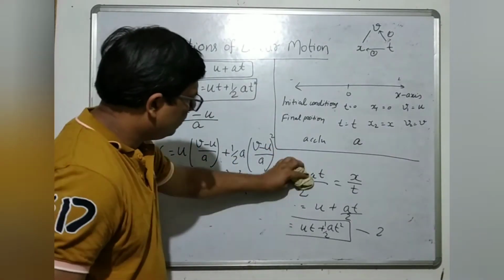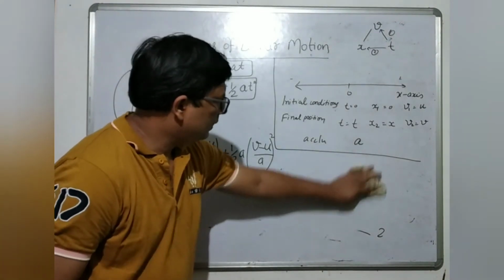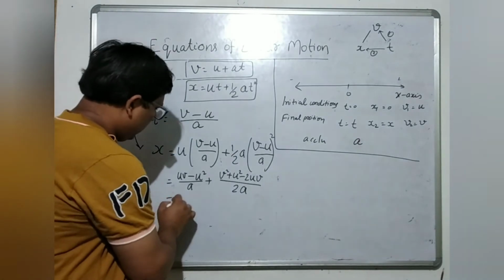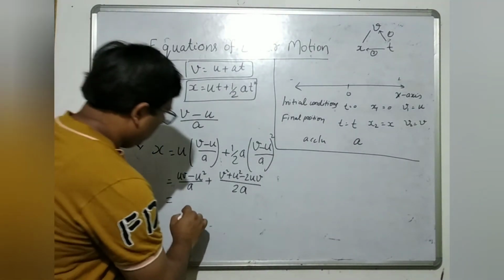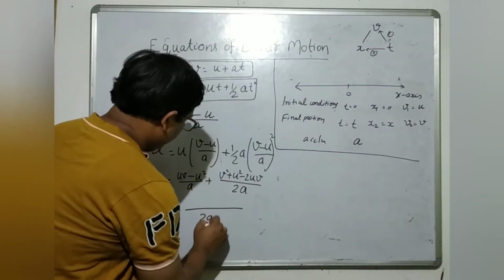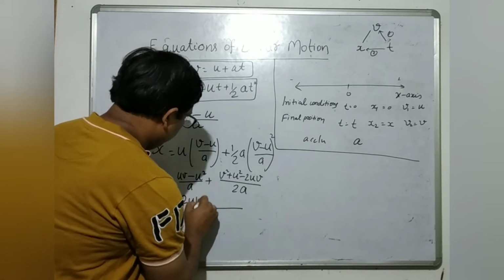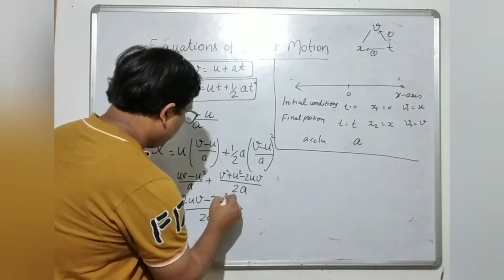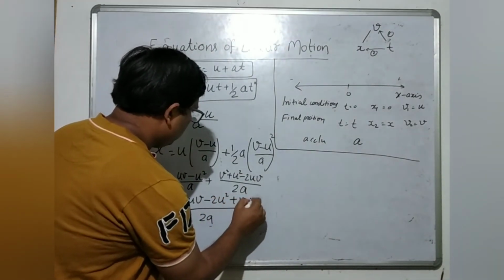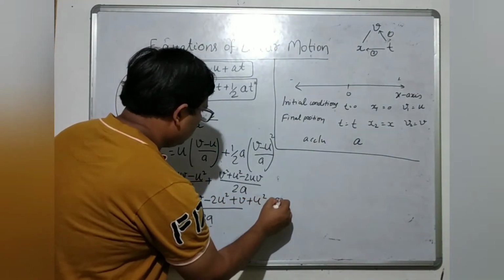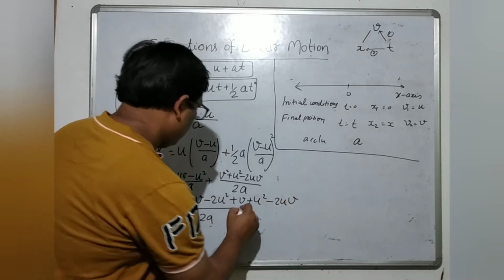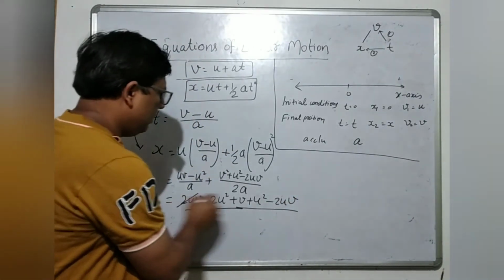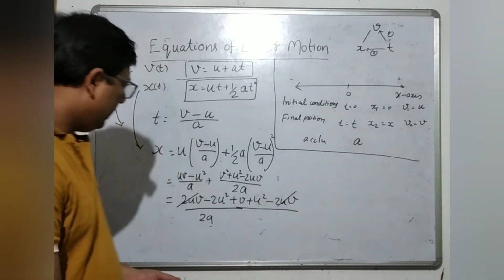Now if we solve further, we will get (2uv minus 2u square plus v square plus u square minus 2uv) upon 2a. So this 2uv and this 2uv will cancel each other.